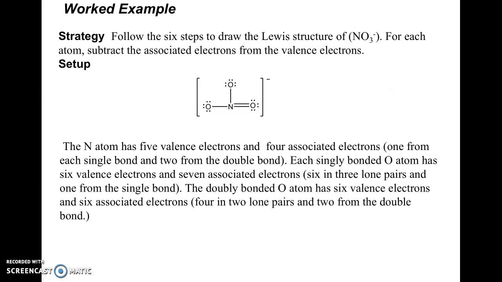So we follow the 6 steps to draw the Lewis structure of the nitrate ion, and that is shown here in the middle of the slide. And I talk about how you actually find those associated electrons in that text below.